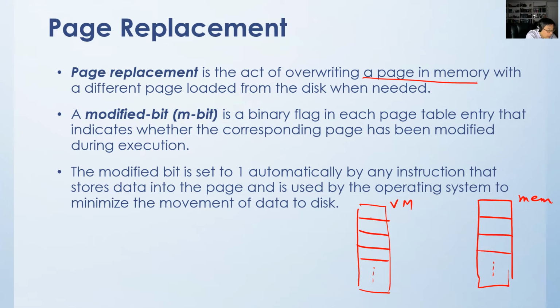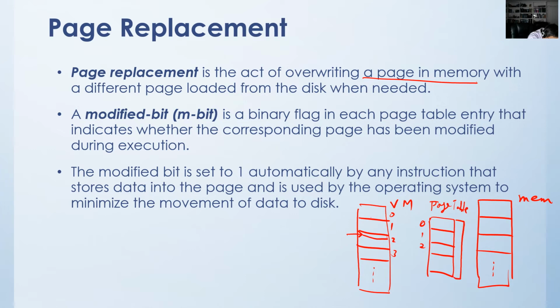Okay, so then if a particular page, 0, 1, 2, 3, for example, page 2 is called, and page 2 is not currently in the physical memory yet, based on the page table. So pages 0, 1, 2.